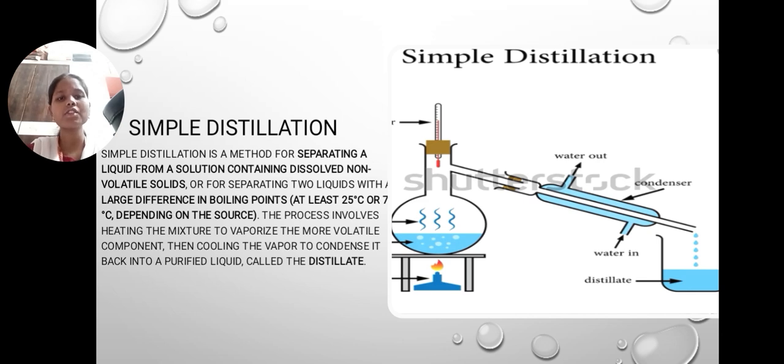The process involves heating a mixture to vaporize the more volatile component and then cooling the vapor to condense it back into a purified liquid. This is called the distillate. This figure shows different components like the round bottom flask, condenser, beaker, and water outlet and inlet.